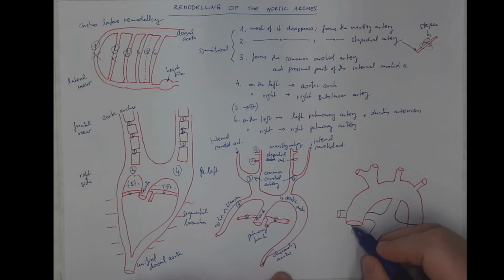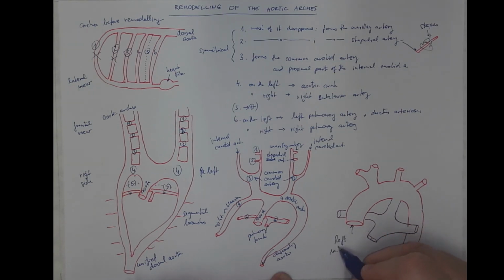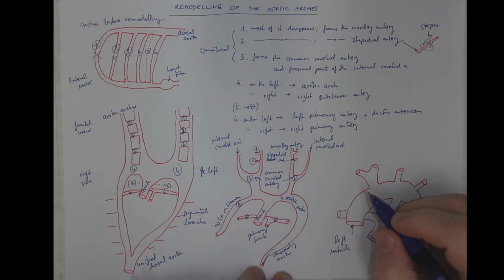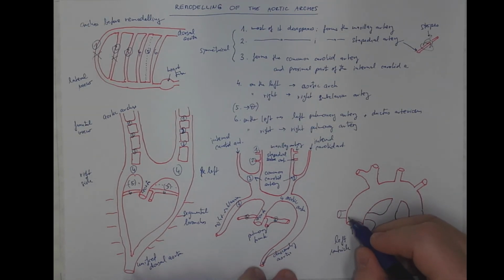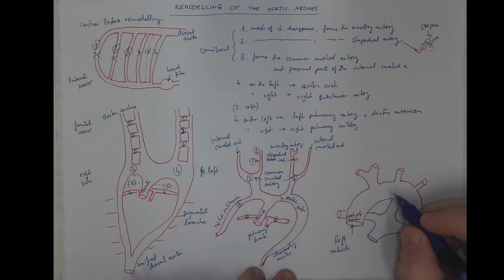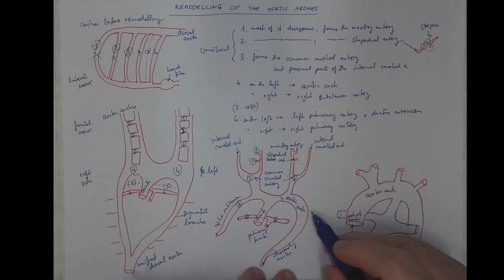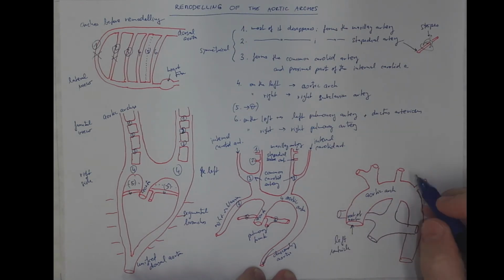So here is the output of the left ventricle, the root of aorta, the aortic arch, that persists on the left side only, and the descending aorta.